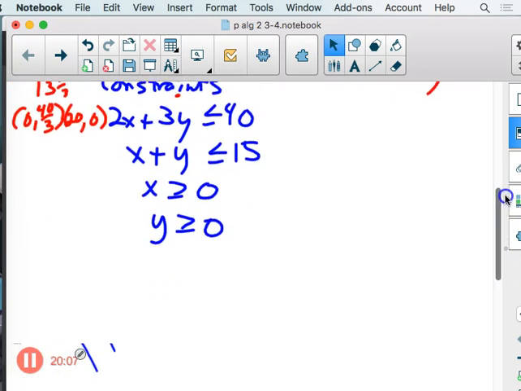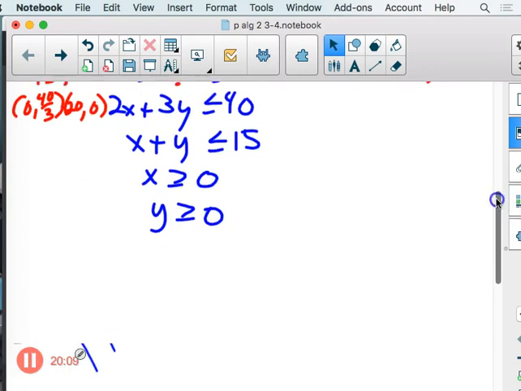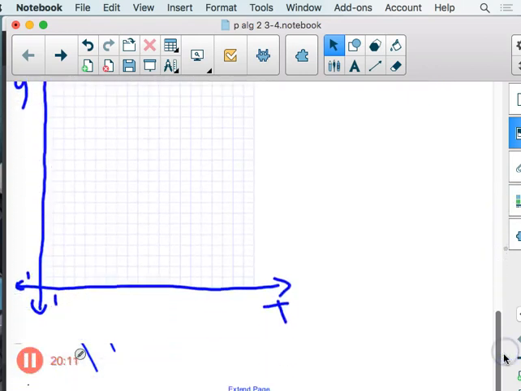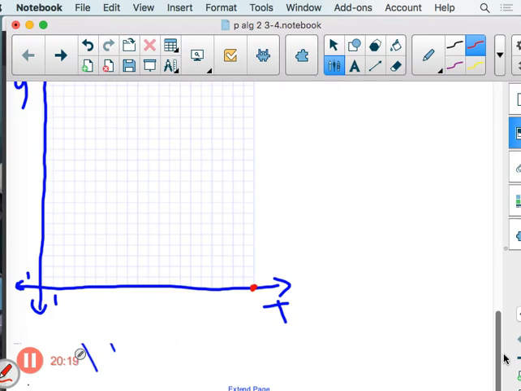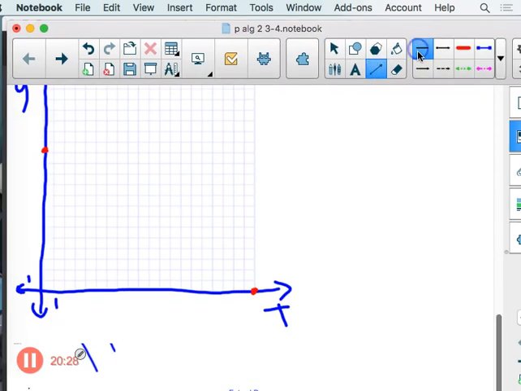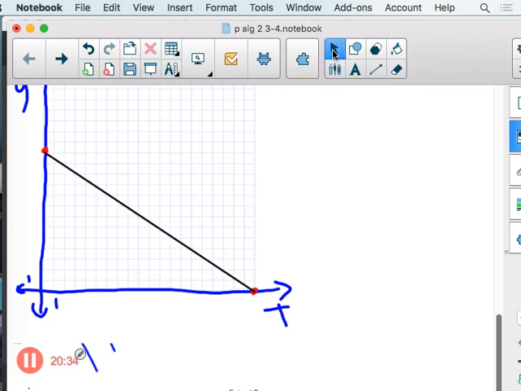So that red one I had up there was 0, 13 1/3, and 20, 0. Actually kind of cheating and grabbing my straight line drawer up here.